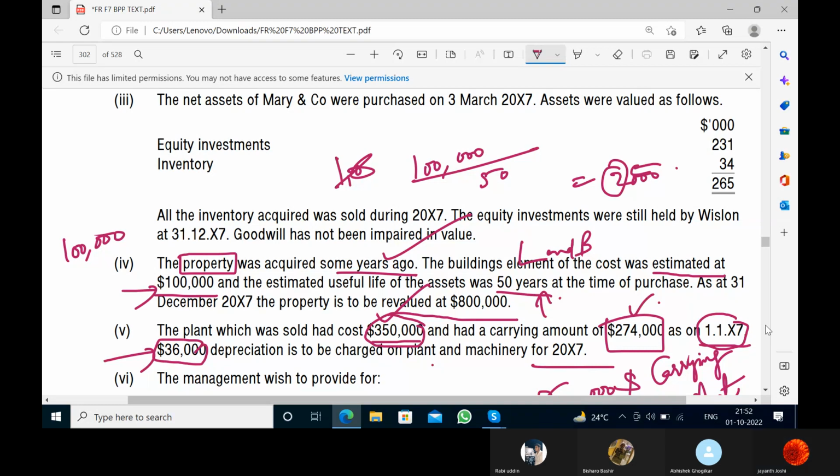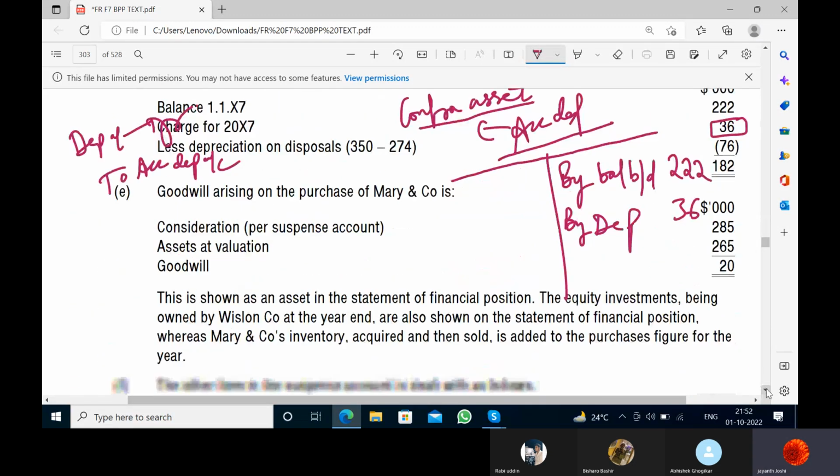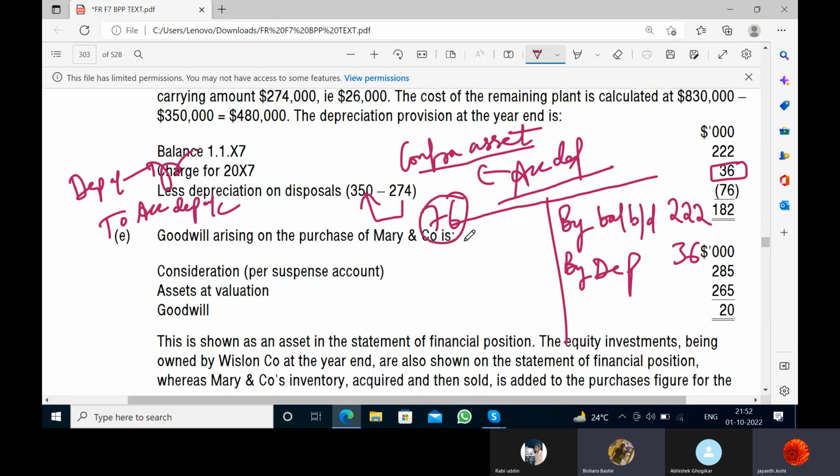Okay. So what is the difference between this and that? The difference between this carrying amount and the cost of the asset would give you a difference, that is 76. Okay, that would be called depreciation on disposal. What will that be called? Depreciation on disposal. That means the day when you sold it, how much has the asset got depreciated? Please tell me.